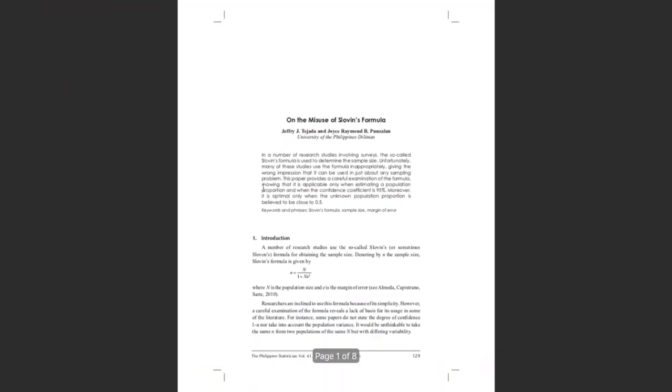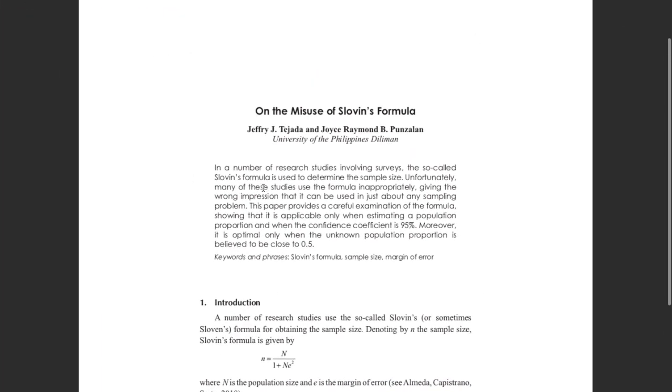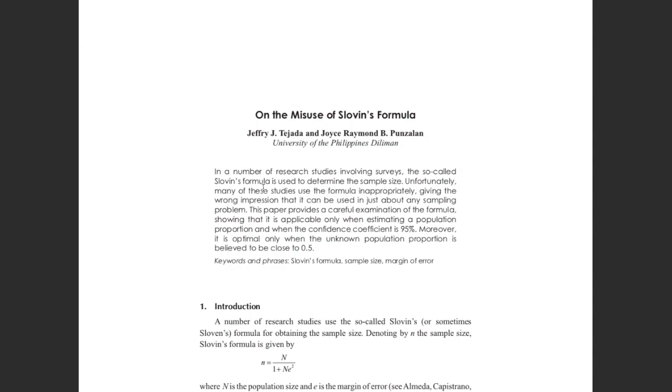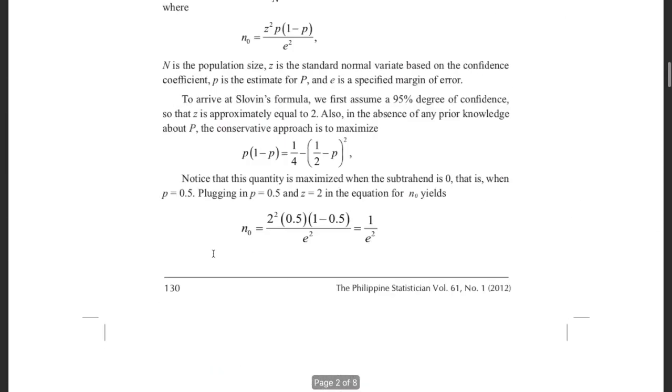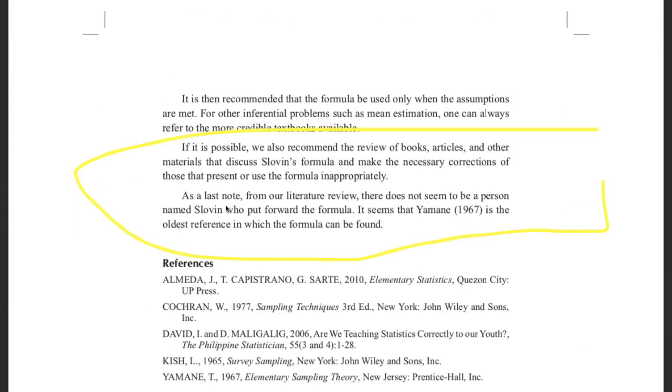So why do we use Yamane as a formula instead of the popular Slovin? In the article on the misuse of Slovin's formula, the author made the following statement. As a last note from the author, from the literature reviewed, there does not seem to be a person named Slovin who put forward the formula, so it seems that Yamane is the oldest reference in which the formula can be found.